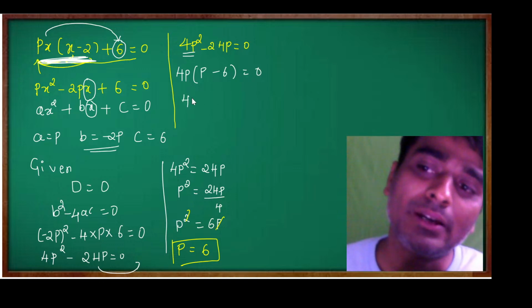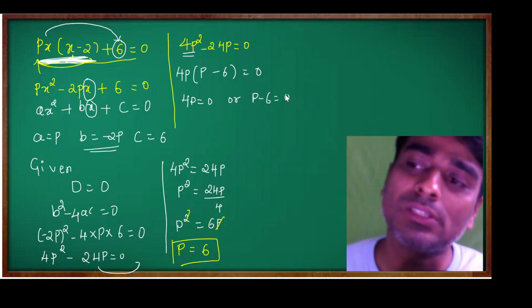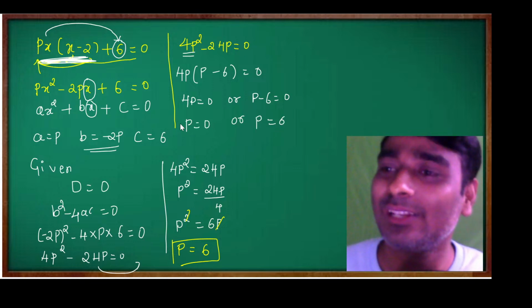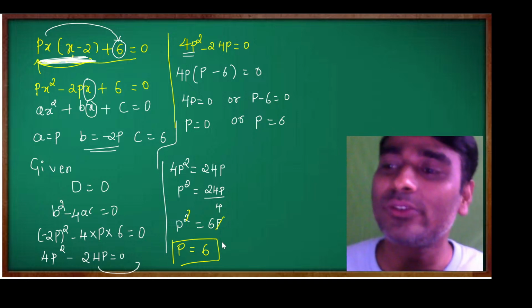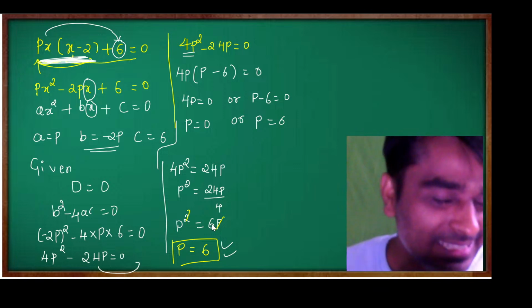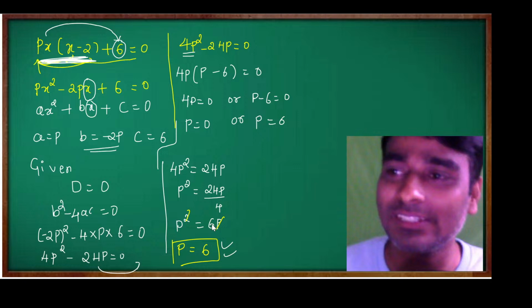Now what will happen? Two answers: 4p equal to 0 or p minus 6 equal to 0. Now here you will get p equal to 0 or p equal to 6. Look at them. Here how much did you get? Just p equal to 6. So experiment with the methods. See how you get different answers for the same question.